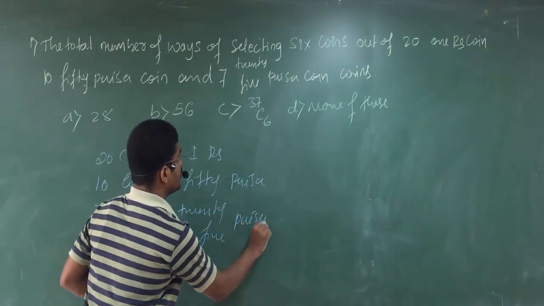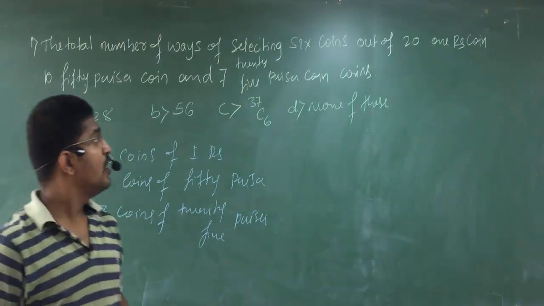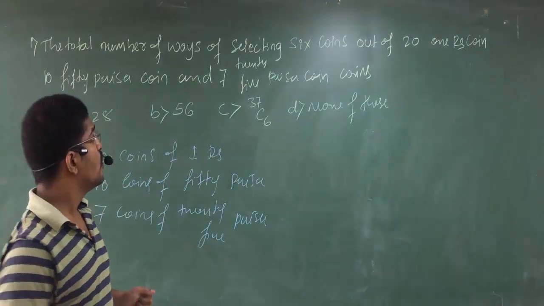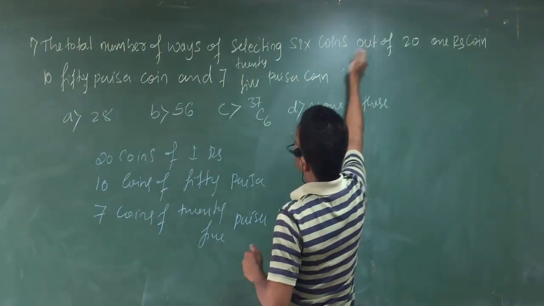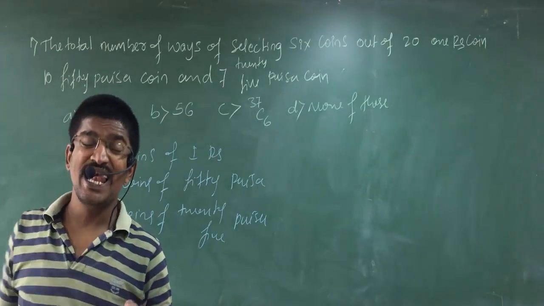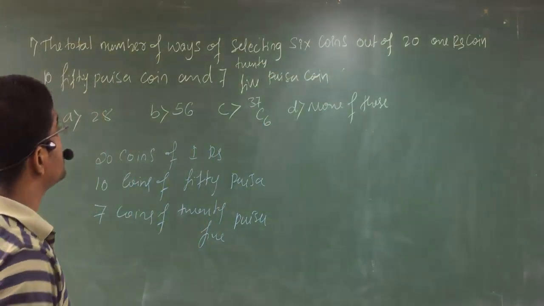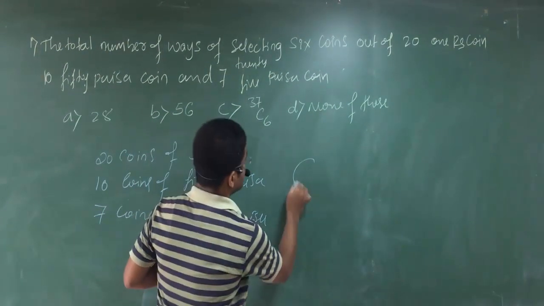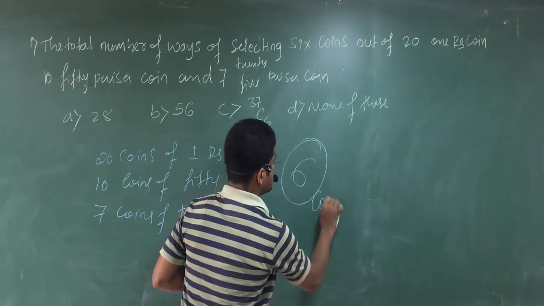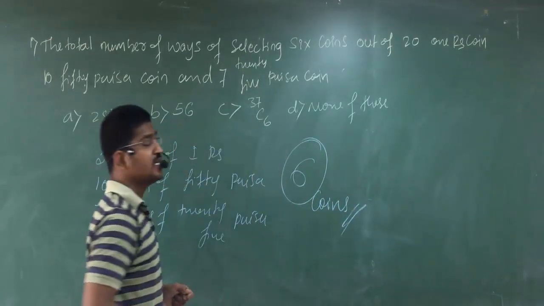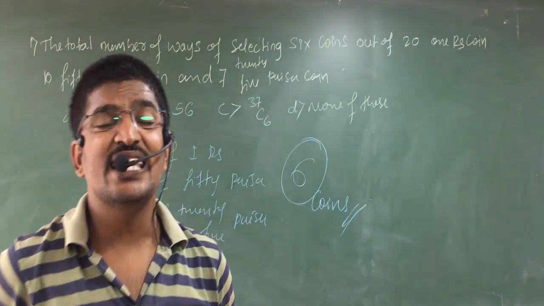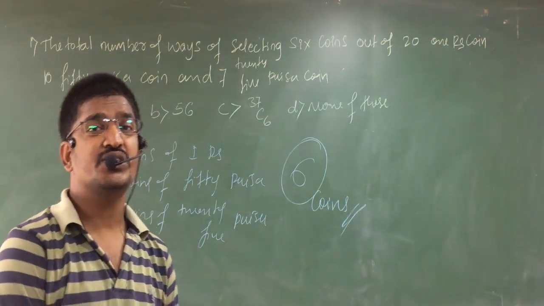So now what they are asking is the total number of ways of selecting 6 coins. Have you understood my point?